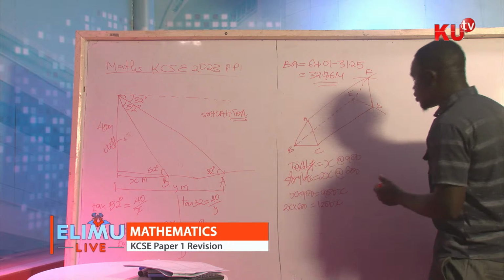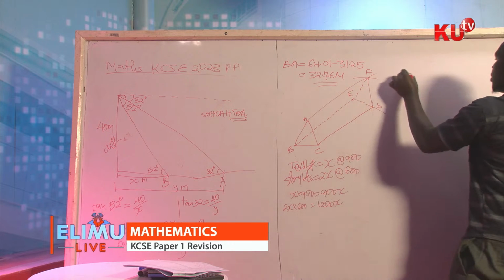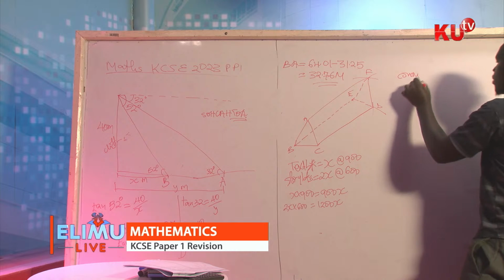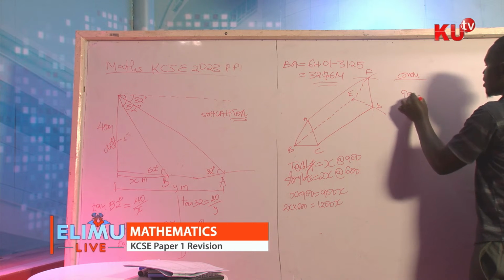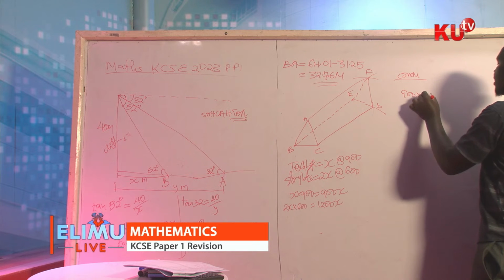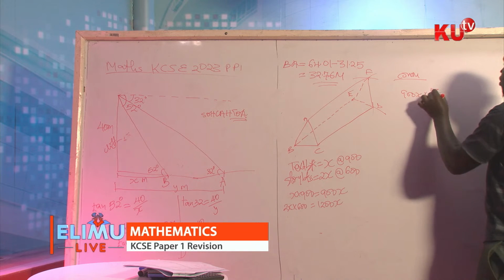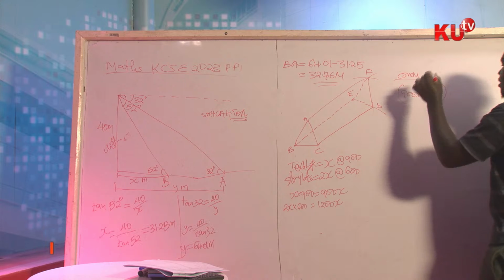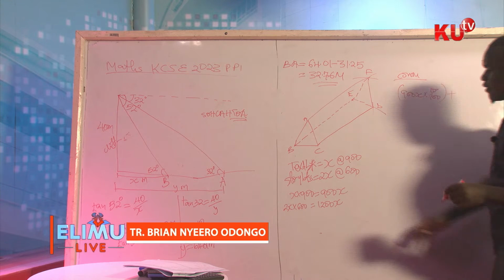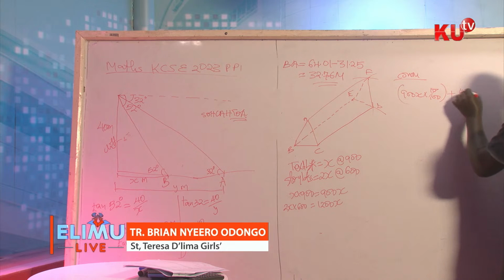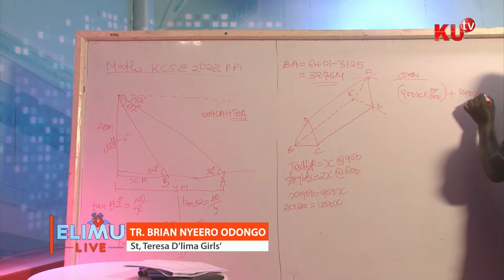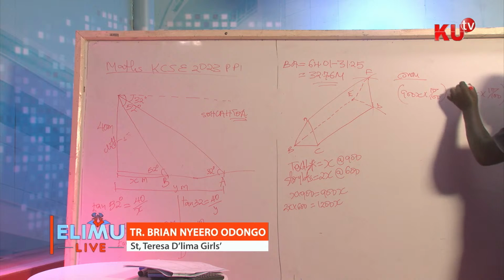So in order to get the commission, for the textbooks it will be 900X, but 10% of it, times 10 over 100, plus, for the storybooks, 1200X times 10 over 100.